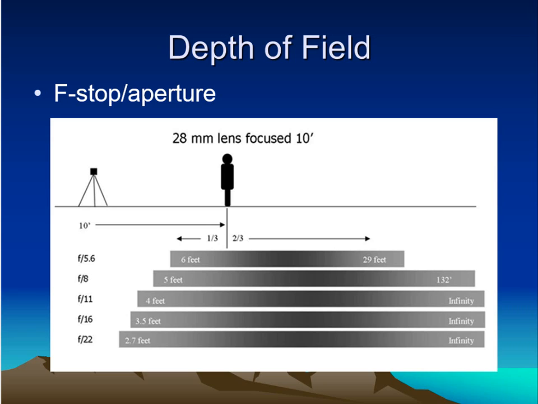We didn't get to infinity until we were at f22 with the 50 millimeter lens. But here at f11, 4 feet to infinity, and f22, 2.7 feet to infinity. Now you can see why wide-angle lenses are so popular when you're shooting, say, that field of flowers and the mountain on the horizon. It just gives you so much more depth of field.